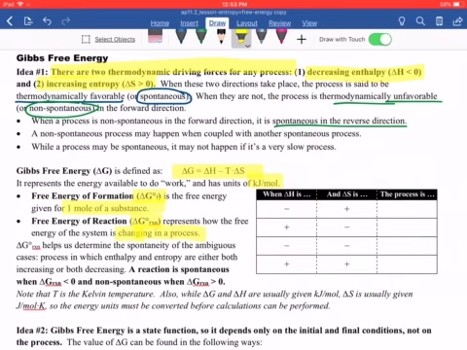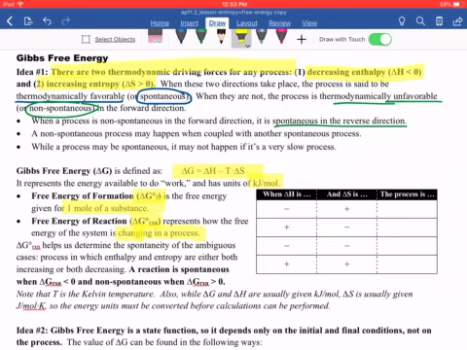So delta G of the reaction, the free energy of the reaction, helps us determine the spontaneity, so how spontaneous it is, does it go without any help, of the ambiguous cases. So, for example, processes in which enthalpy and entropy are either both increasing or both decreasing. Because we want enthalpy to decrease and we want entropy to increase, but if they're both increasing or both decreasing, it might be spontaneous, it might not be spontaneous.